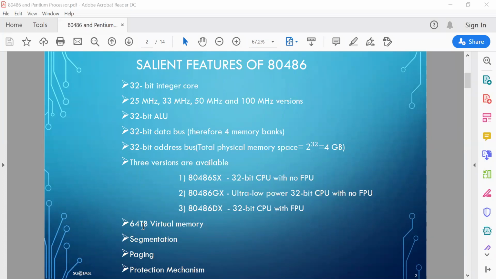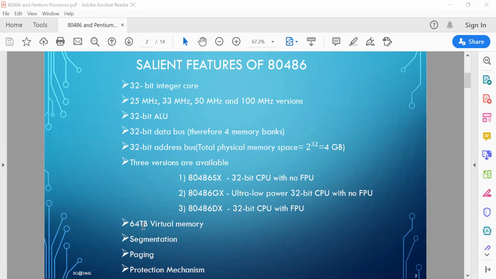But in 80386 or 486, and in 286, the protection mechanism is implemented, so that no programmer can go into the system program memory space, alter that program, or modify it.